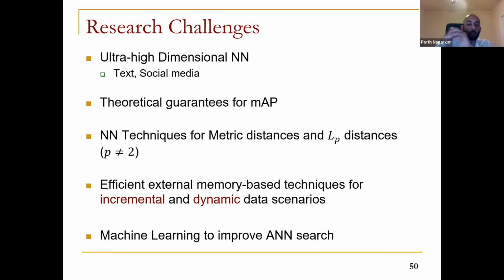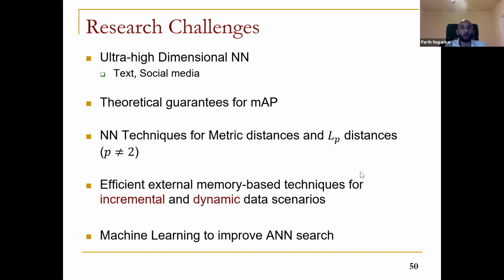I can take a stab at that. For spatial applications, there are many papers that deal with moving objects: how to make quadtrees and KD tree structures much more efficient for really fast updating. It's not that much addressed for high dimensional techniques, and this is what we mention in the research challenges, especially for external memory based techniques.